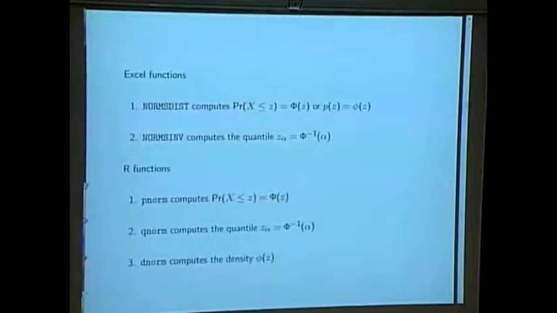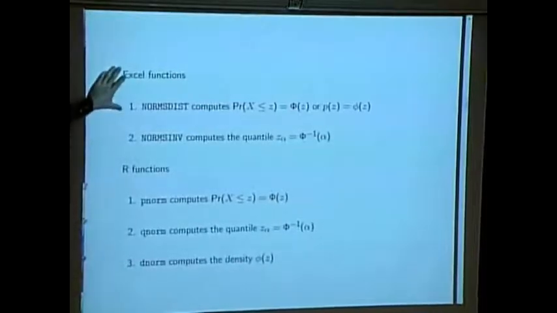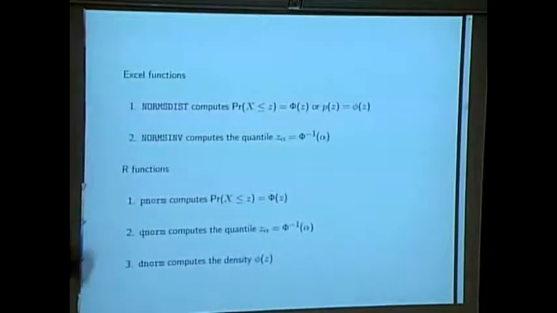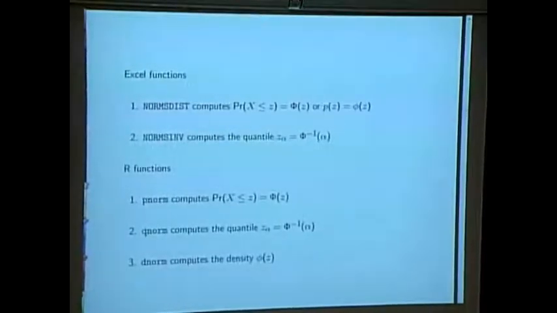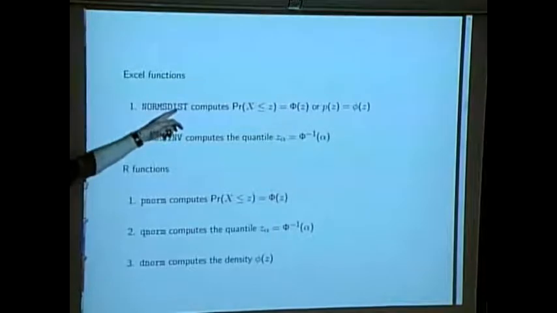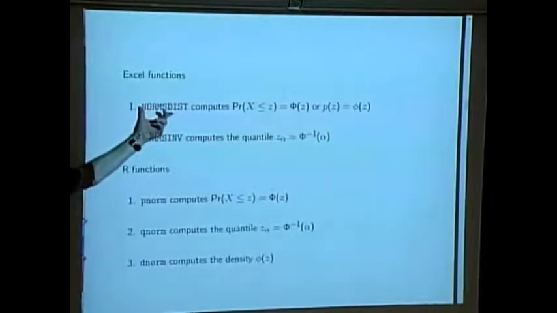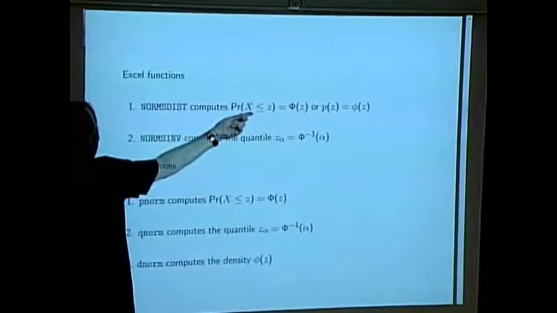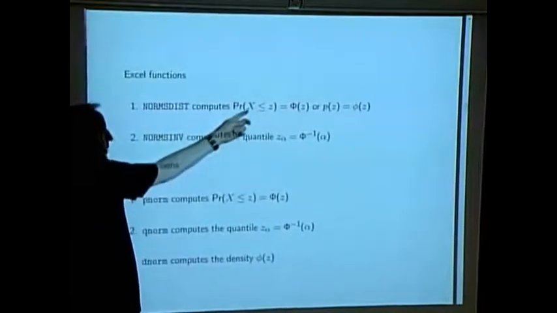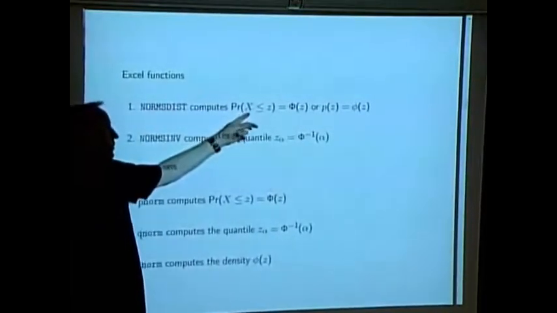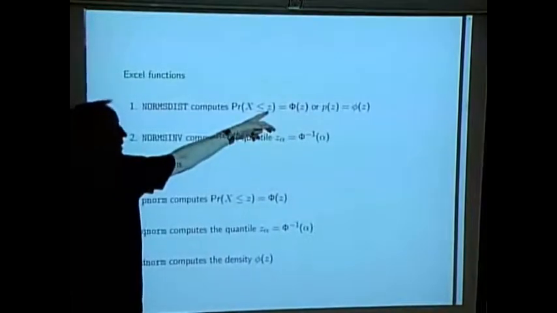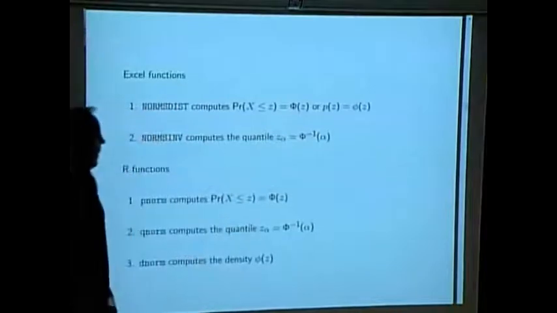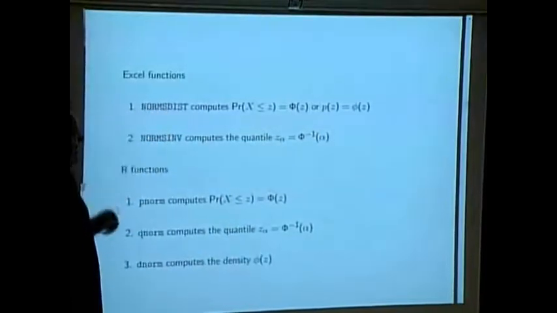So in Microsoft Excel, there are actually a number of statistical functions that are available. And in particular, there's a function called NORMSDIST. This Excel function NORMSDIST computes the CDF for a standard normal distribution. So if you want to calculate the area under the standard normal curve to the left of Z, then we can use the NORMSDIST function.